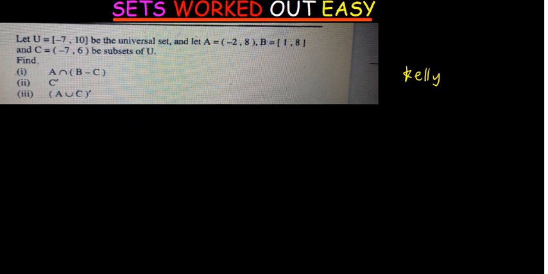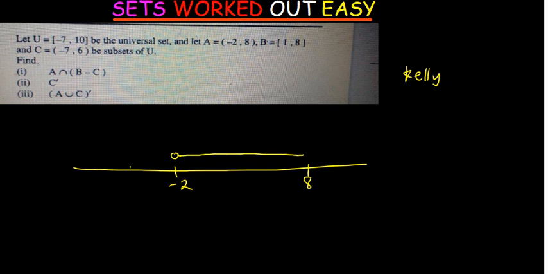And then we are talking of A union C complement. So the first thing that I'm going to do is I'm going to get a set A. The set A starting from negative 2 up to 8. We're not including negative 2, we're not including 8. And then I'm going to get the set C, that is from negative 7 up to 6. And also we are not including negative 7, we're not including 6.